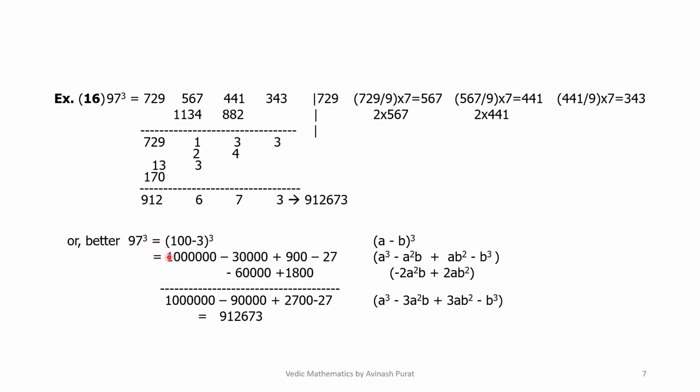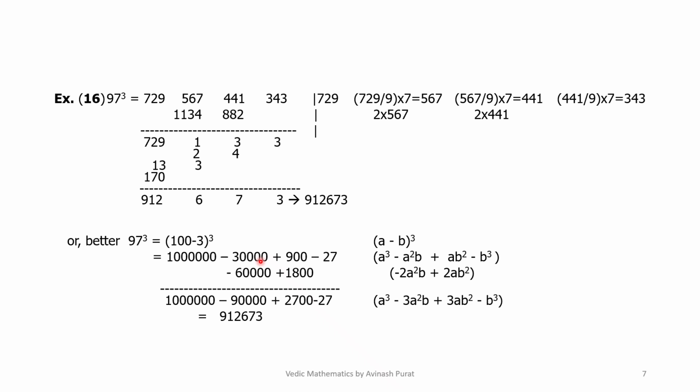So a cube, 100 cube, is 10 lakhs, minus a square b, that is 10,000 multiplied by b, which is 3, so 30,000, plus ab square, that is a is 100 and b square is 3 square, 9, so 900, and 3 cube is 27.